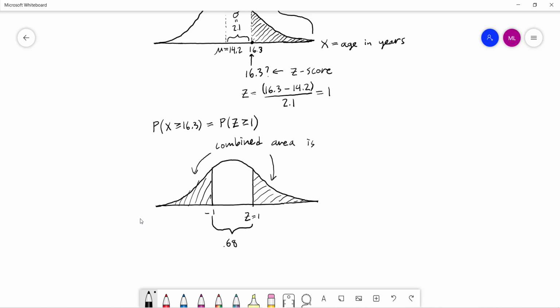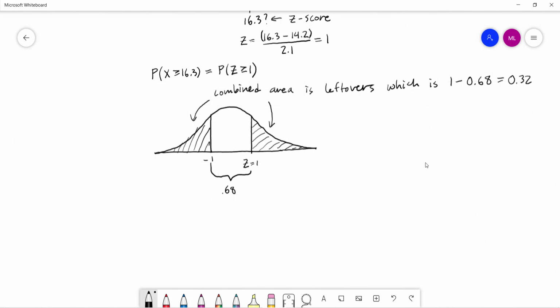So what is left over? If the total area is 1, and this middle region that I've cut out is 0.68, the combined area is the leftovers, which is 1 minus 0.68, which equals 0.32. I know that the combined area of these two shaded regions is about 32%, according to this.